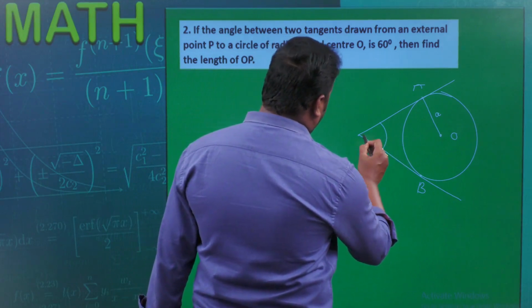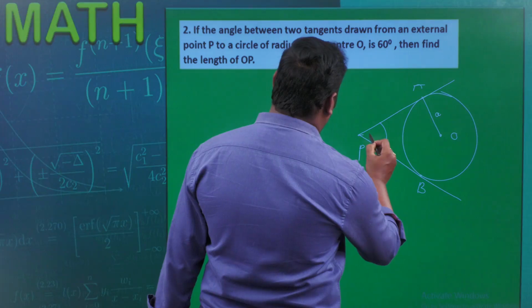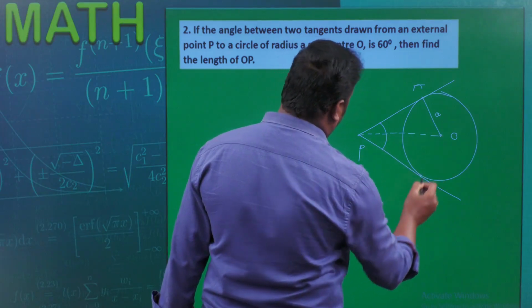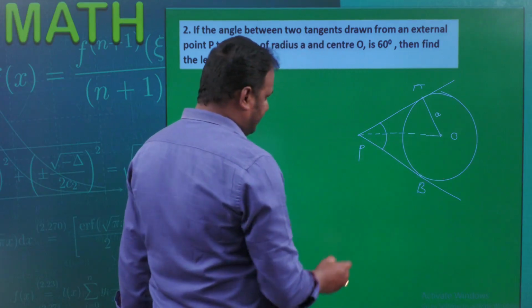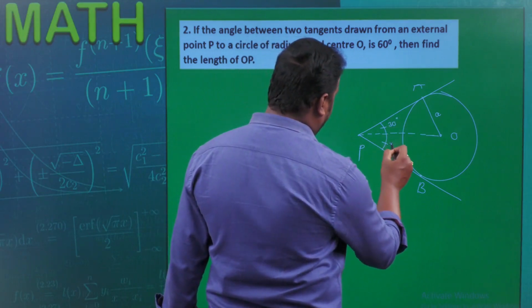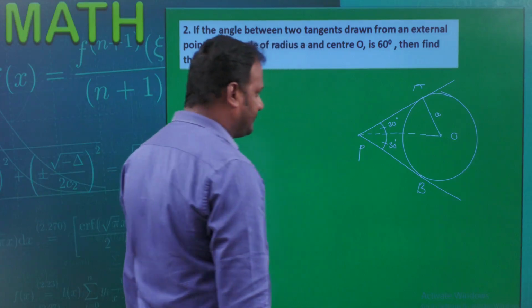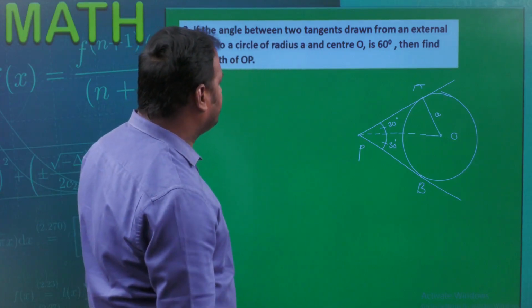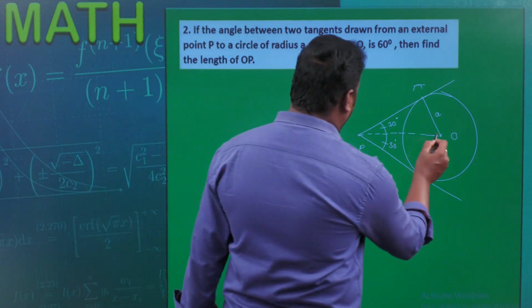When you join O and P, this 60 is divided into two equal parts, 30 degrees and 30 degrees, as we already proved. So find the length of OP.